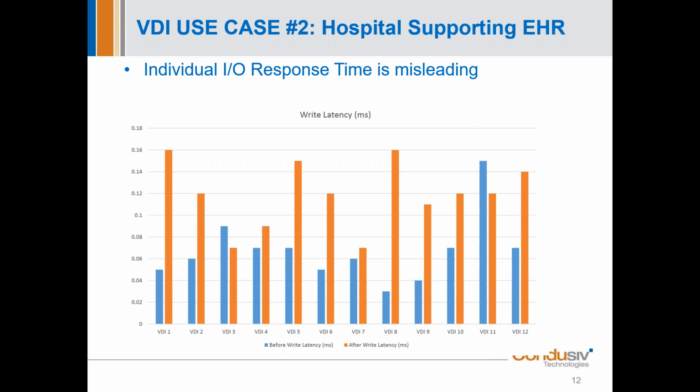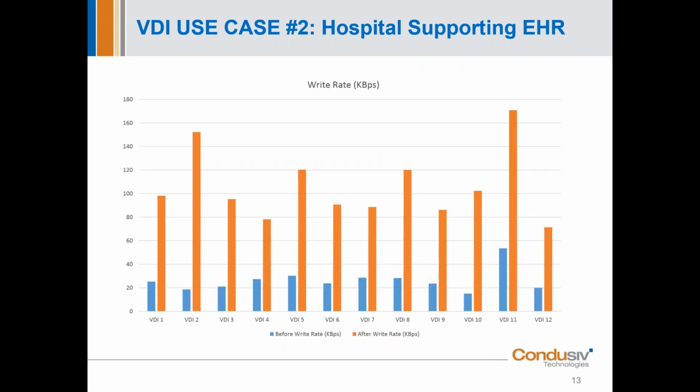But now if we go back to the write rate and examine the amount of throughput that you're getting, we can see that the throughput metric has improved by 2 to 6 times. That's amazing. That's extremely important. It's not the speed at which you can do a single IO. It's really how much data flow can you get accomplished in the same elapsed time.